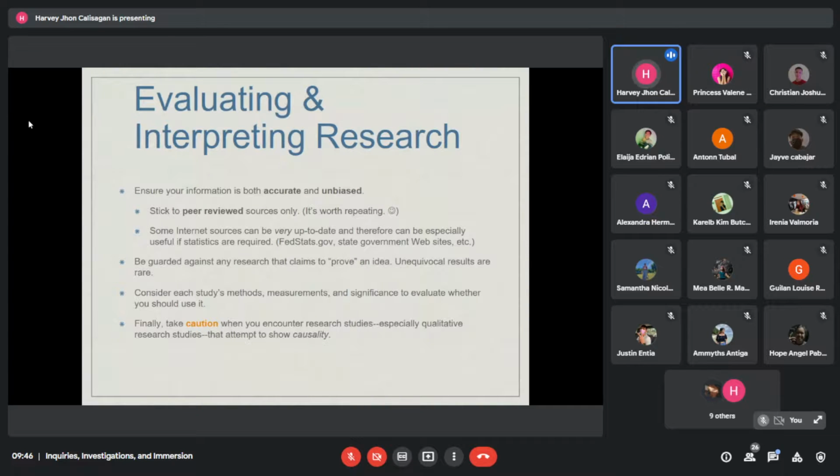Next is be guarded against any research that claims to prove an idea, and equivocal results that are rare. Some of the researchers might say, that's my research, why are you restudying that one? Why are you creating another content? Are you revising my research?